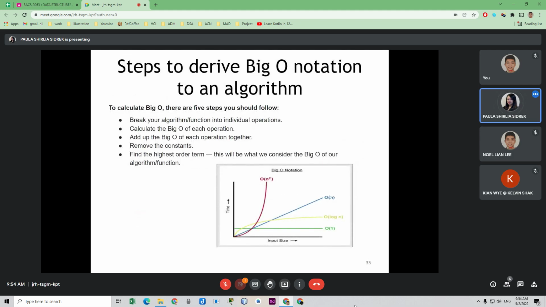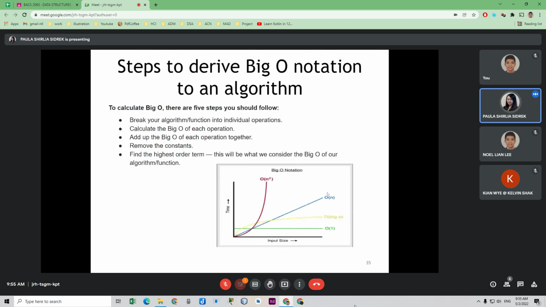All right, so look at this graph. Whenever you get this value on your big O n squared, that arrow will always go like this. For your O of n, order of n, and then O of log n, that will go like this.